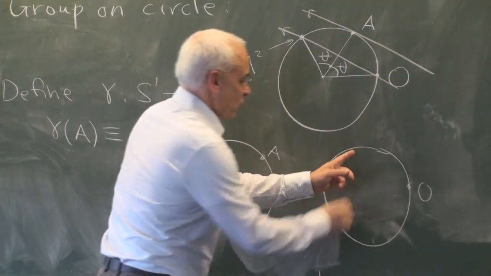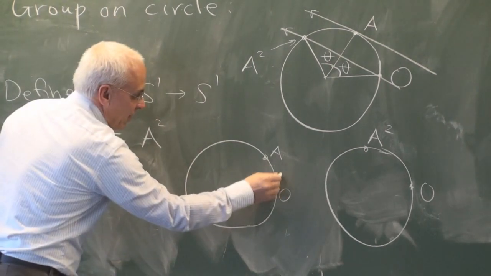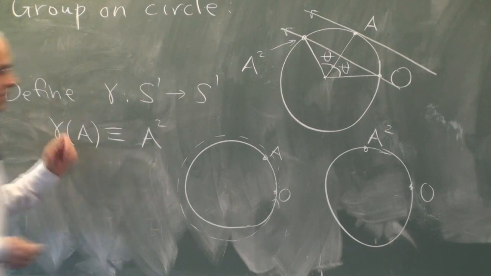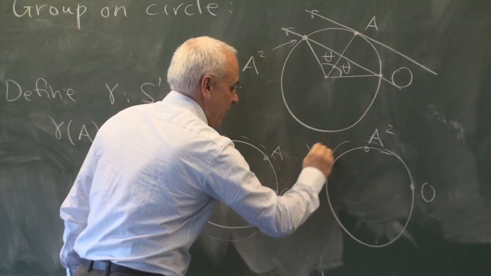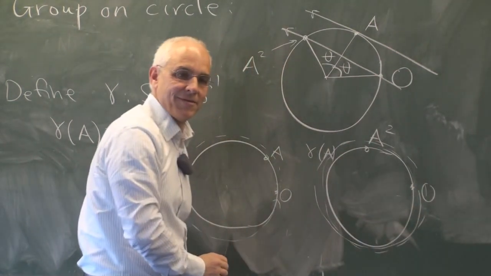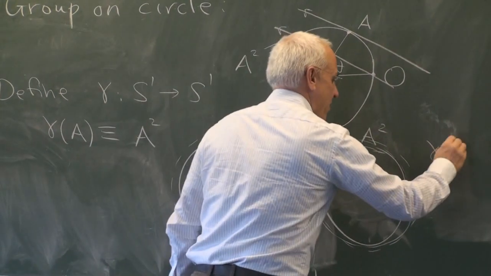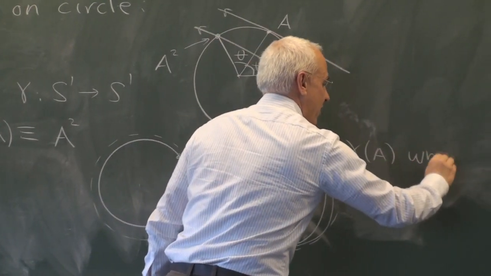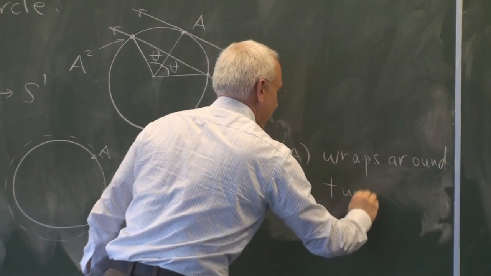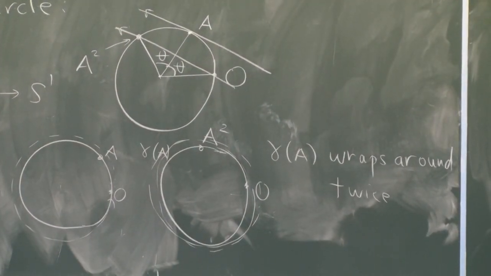If A is over here, then A squared will be up here somewhere. And so as A goes all the way around, gamma of A over here will go around twice, because the angle is doubled in every case. So gamma of A wraps around twice. And it's defined purely in terms of the group structure.